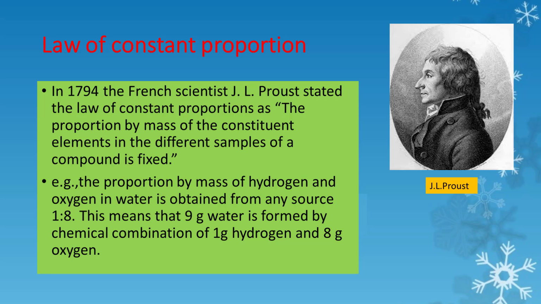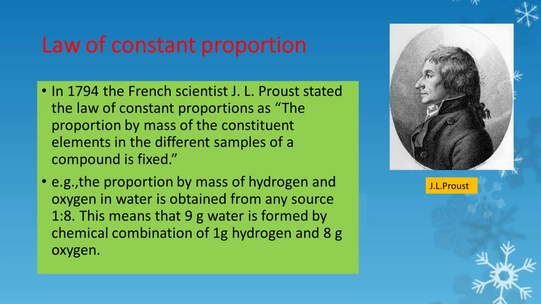Law of constant proportion. The French scientist J.L. Proust stated the law of constant proportion as: the proportion by mass of the constituent elements in the different samples of a compound is fixed.